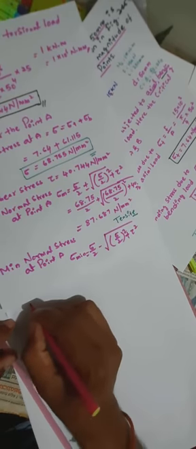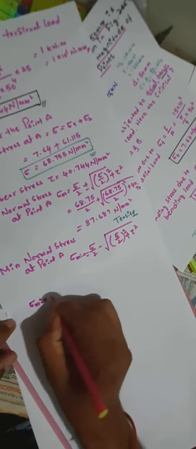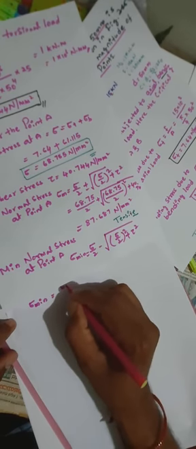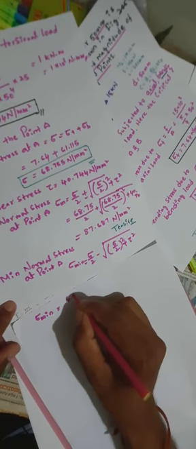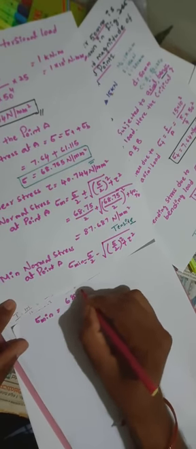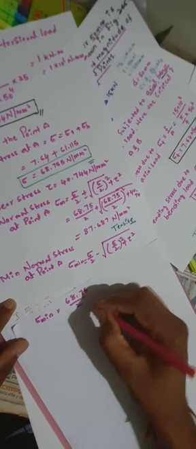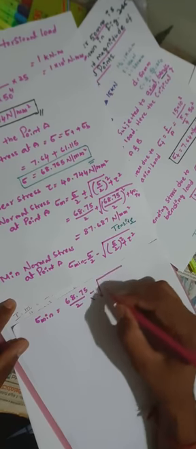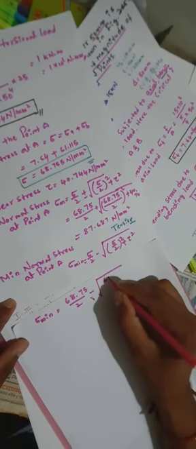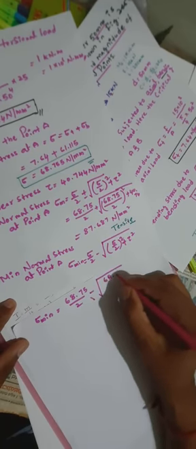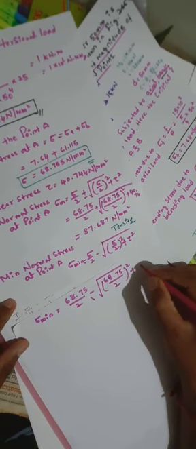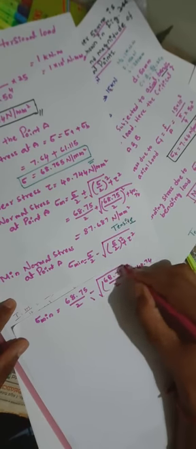Sigma minimum is equal to, what is the value for sigma? Sigma is equal to 68.75 divided by 2 minus square root of 68.75 divided by 2 whole square plus 40.74 square.